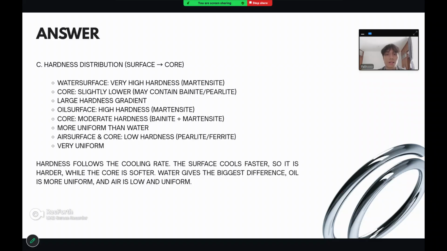For air, the surface and core have low hardness, perlite or ferrite, and it is very uniform. This explains how hardness follows the cooling rate. The surface cools faster, so it is harder, while the core is softer. Water gives the biggest difference, oil is more uniform, and air is low and uniform.